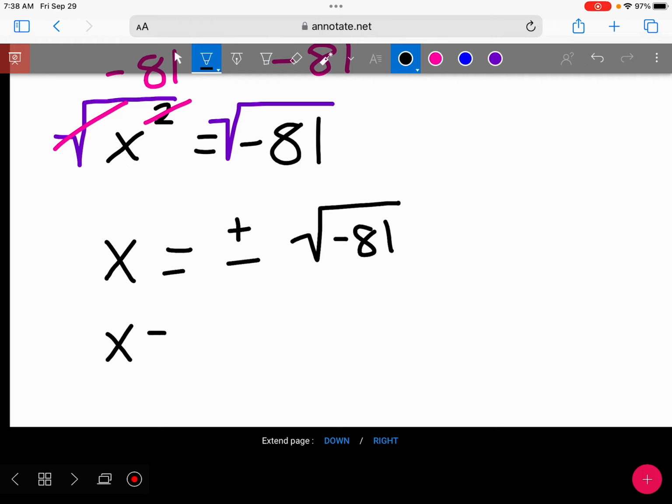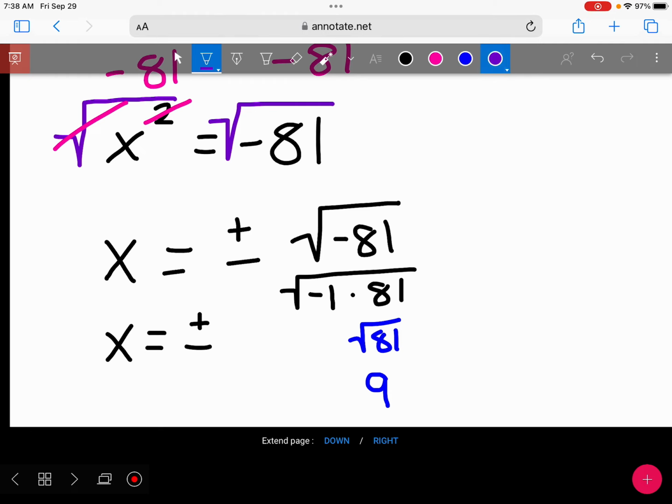So x equals plus or minus, and I'm going to take this square root of negative 81, and we're going to do just like we did before, negative 1 times 81. Well, the square root of 81 is 9, and the square root of negative 1 is i.